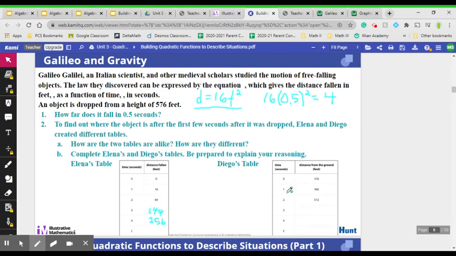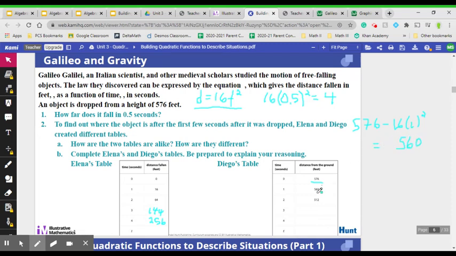The table on the right is different because this is talking about distance from the ground still remaining. If our table on the left is how much distance you've gone, we can just subtract that from the initial height of 576. For instance, if we did 576 minus our equation with a 1 in it, 16 times 1 squared, that equals 560.